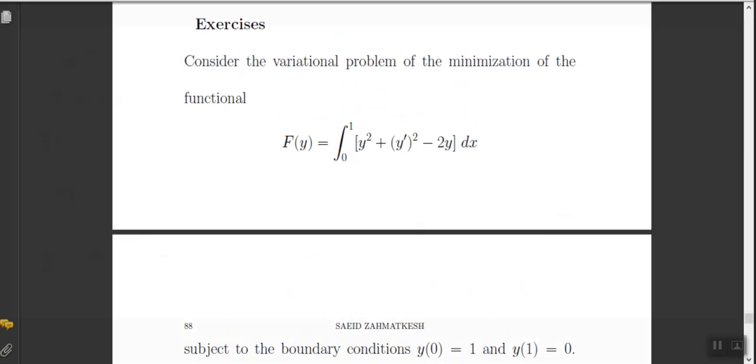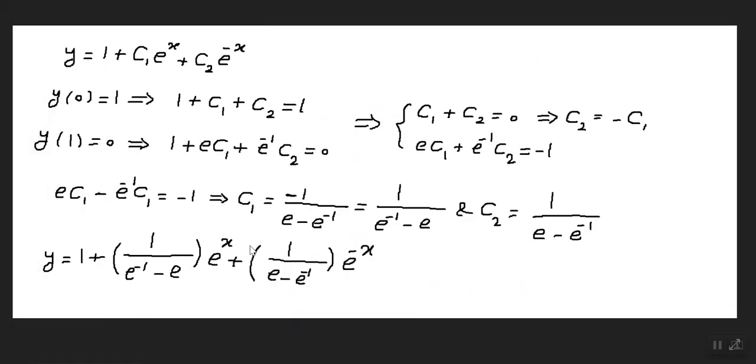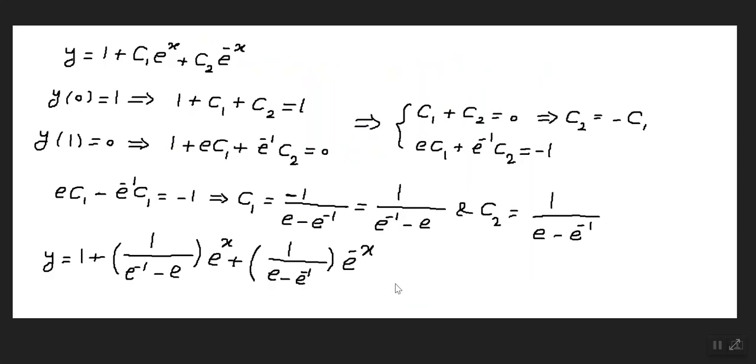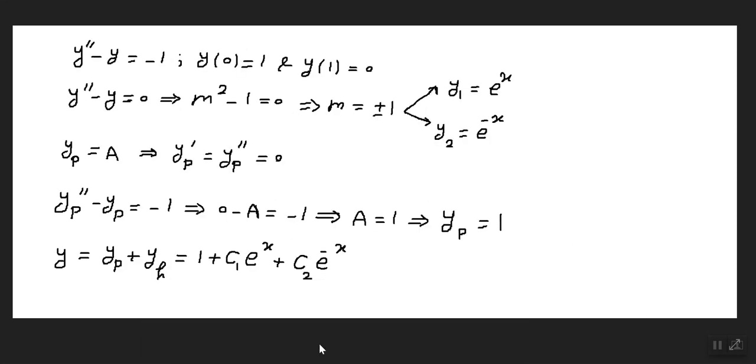It means this is the function for which the value of this functional will be minimum. Okay, like this. So you can see for a variational problem, we have to solve the differential equation. So you have to be careful.